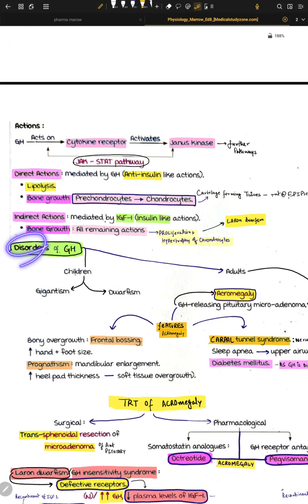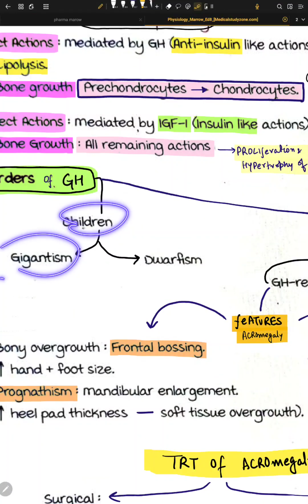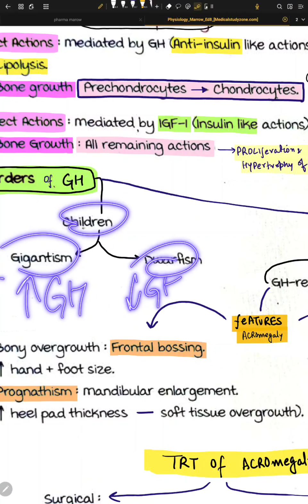What about disorders? Well, in children, a lot of GH causes gigantism, and less GH is called dwarfism.